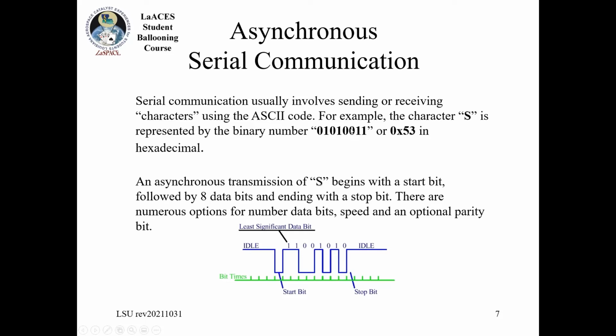And if there are integer values, you can get the binary value or the hexadecimal value. So in this case, this is the value for a capital S. It's also a hex 53. So the computer is going to interpret this transmission as a character S.